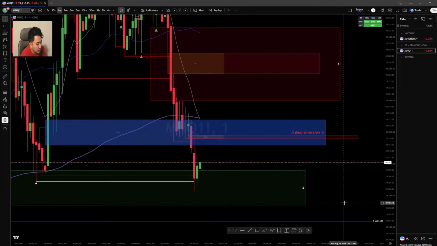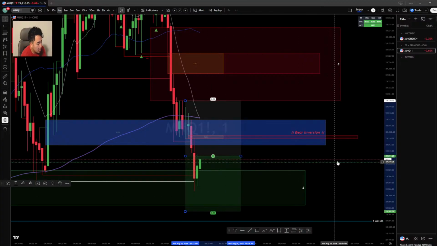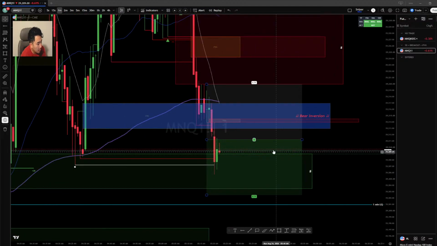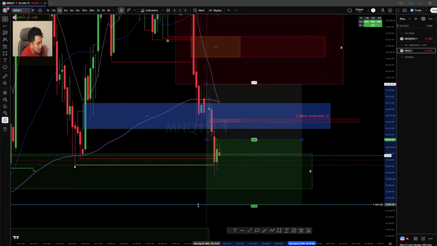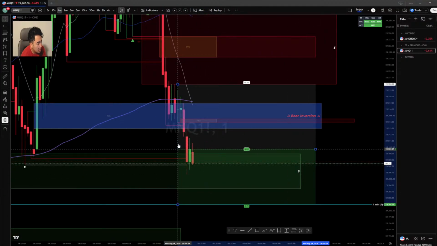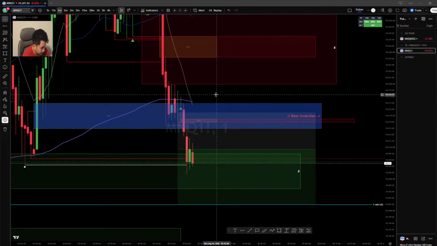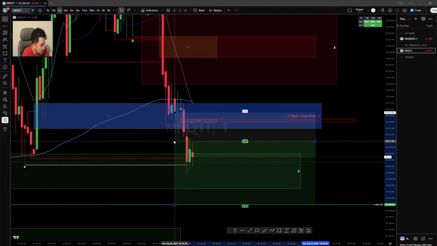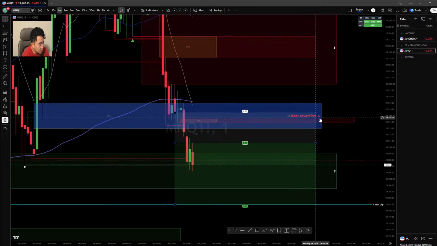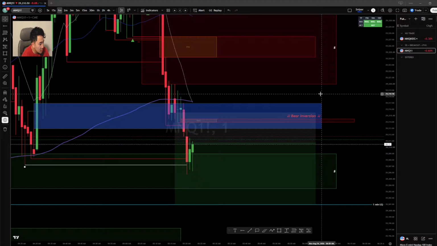On the 1 minute, we're bearish. I would say if price comes back, we could possibly target this 1 minute gap down here. Depending on the setup, this 5 minute gap is just pretty close to this bearish inversion zone that could keep price up if we're looking for shorts.